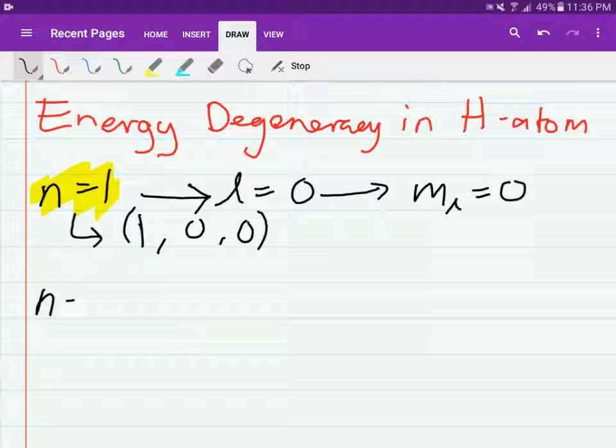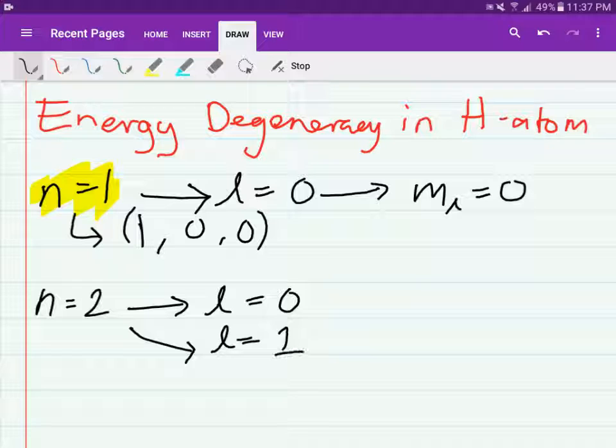Now for n above 1, say for example n equals 2, we would have two L values, or orbital angular momentum values. We have L equals 0 and L equals 1.